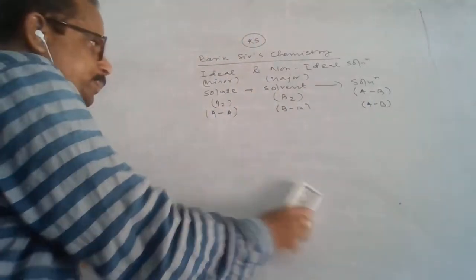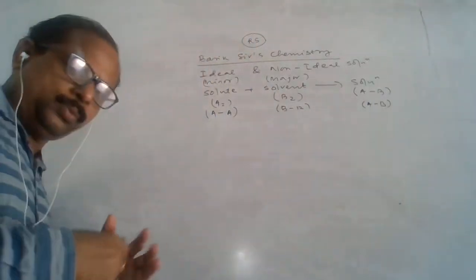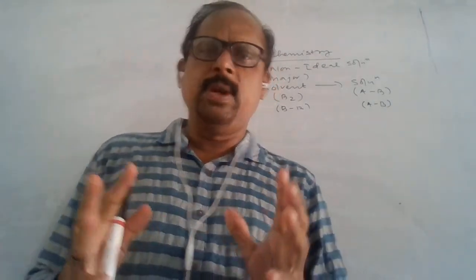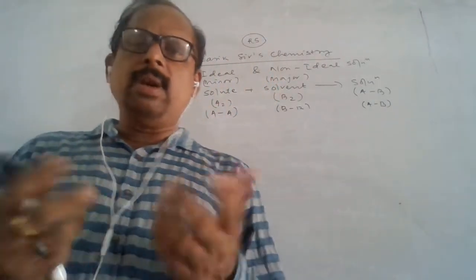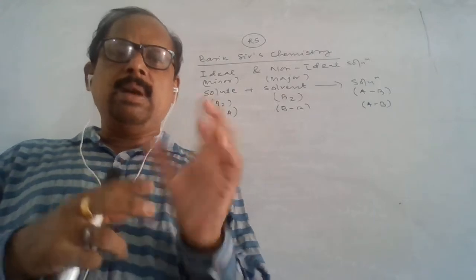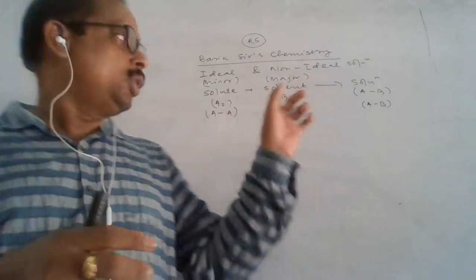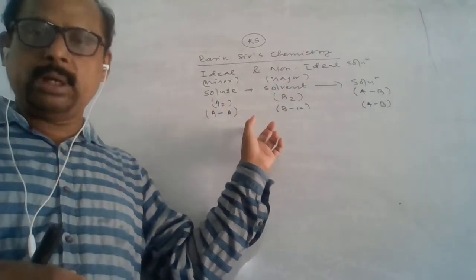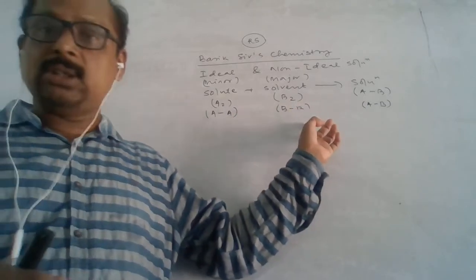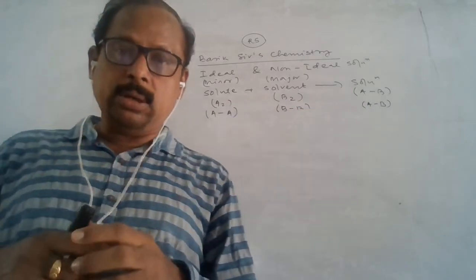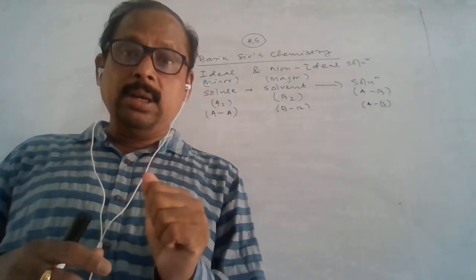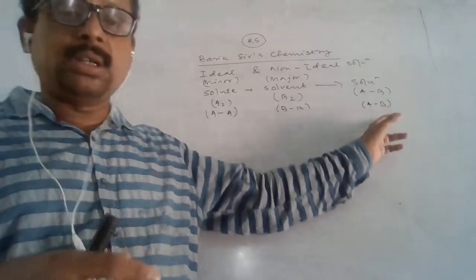Okay. So when they mix together, there are different kinds of mixing. There is the force of attraction between solute molecule and solute molecule, and the force of attraction between solvent molecule and solvent molecule, and when they mix together, that becomes the solution.